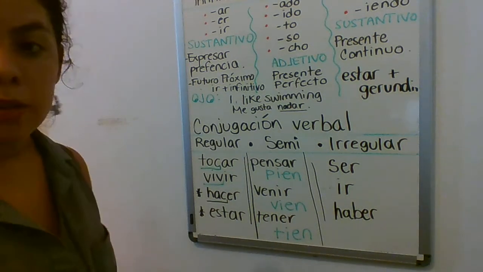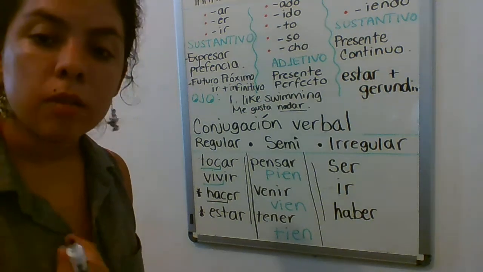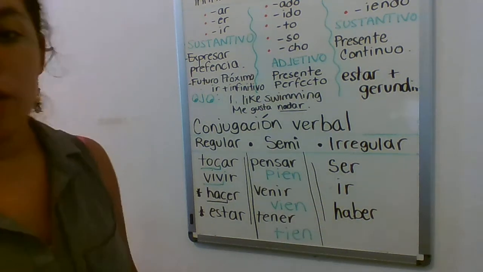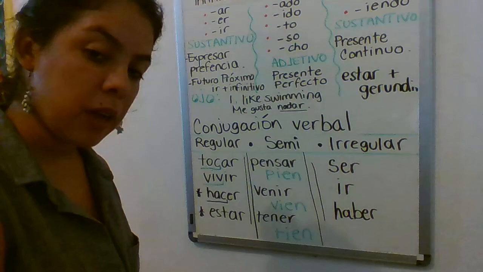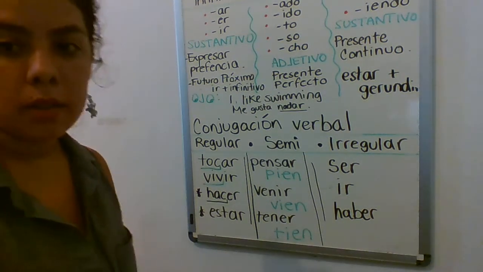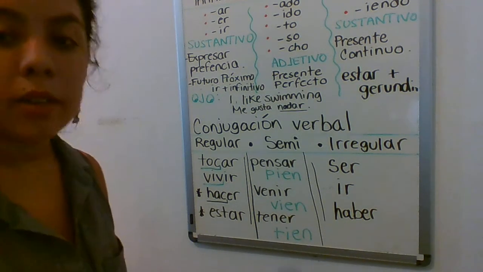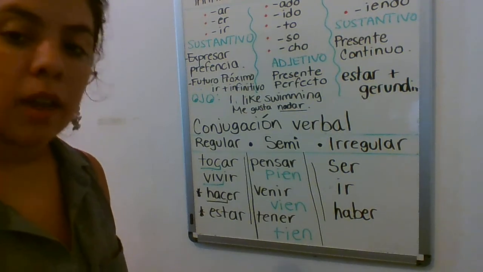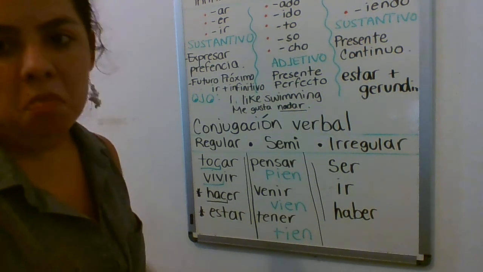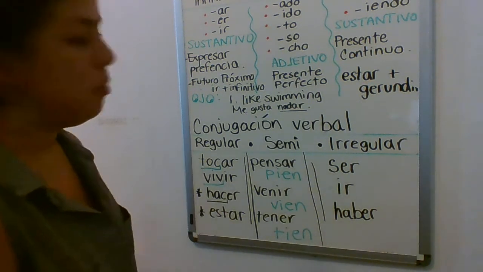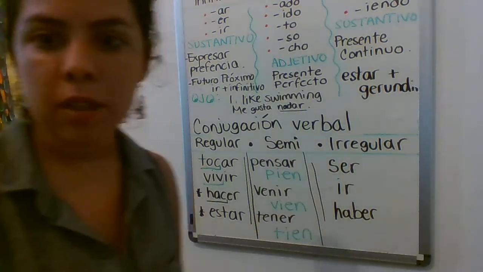And the first person is yo hago. I do. I make. Yo hago. And then it goes back to regular. Tú haces. Él hace. Nosotros hacemos. Ustedes hacen. Ellos hacen. So I just put it here because it's almost regular.